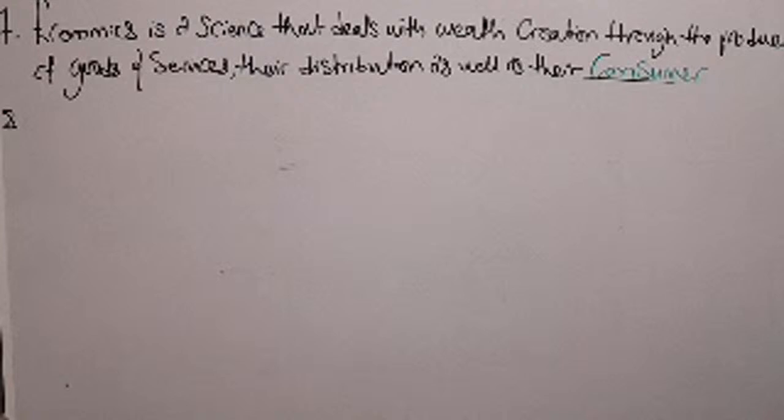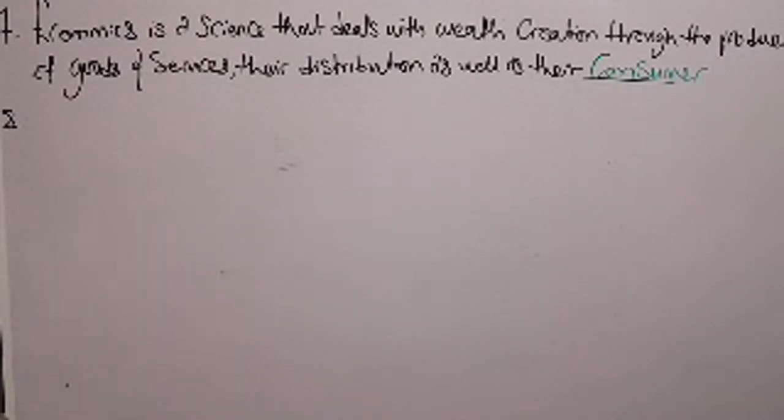The definition given by Lionel Robbins in his book, An Essay on the Nature and Significance of Economic Science, received several criticisms but remains a mainly acceptable definition.